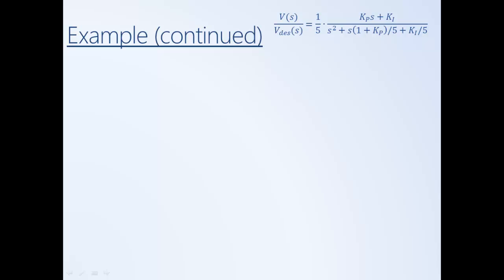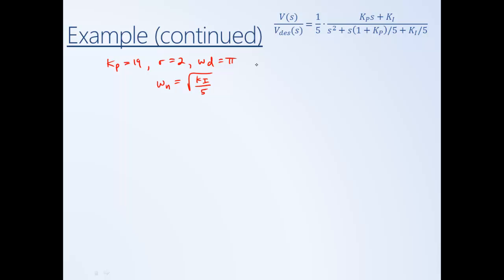Here again is our transfer function. And we've got that Kp is equal to 19, sigma is equal to 2, omega d is equal to pi, and omega n is equal to the square root of Ki divided by 5.